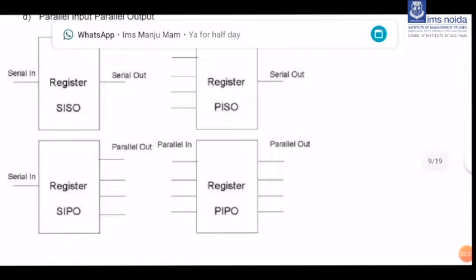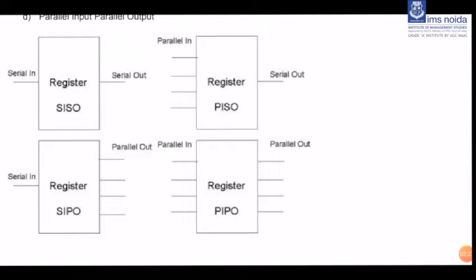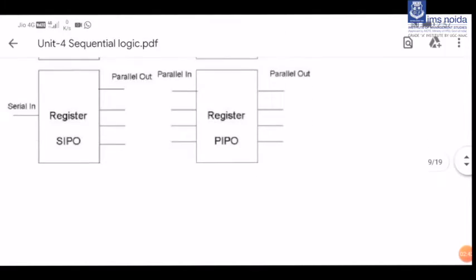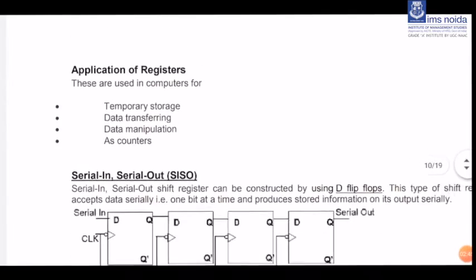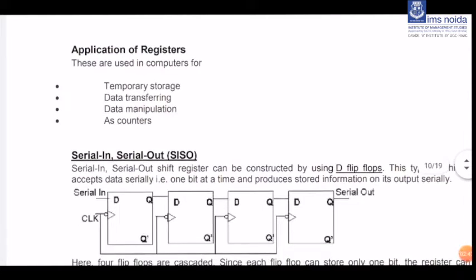So you can see on the video that serial in, serial out, SISO, means one input, one output; PISO means many inputs, one output; SIPO means one input, many outputs; and PIPO means many inputs, many outputs, that is parallel in, parallel out.